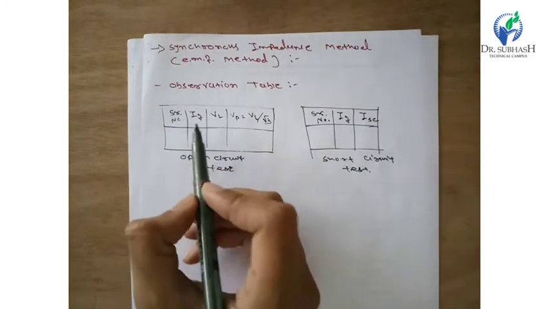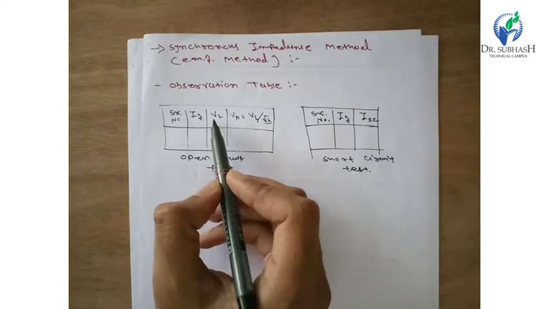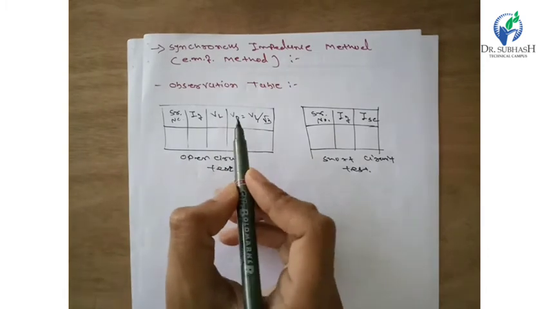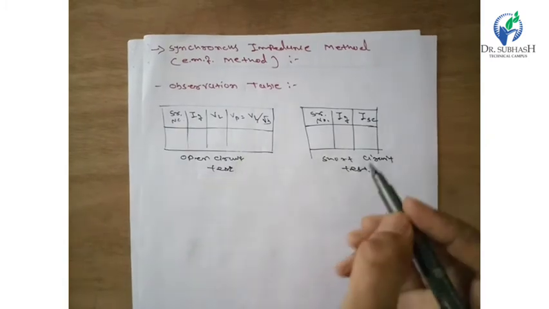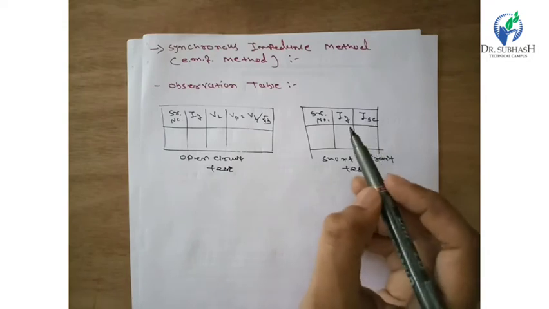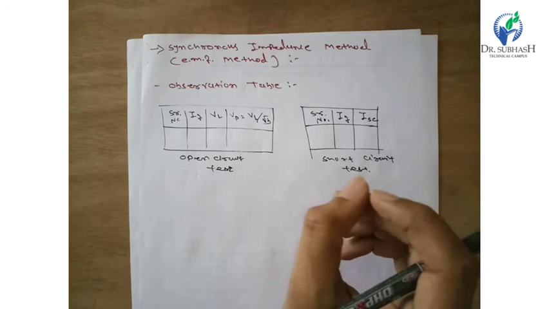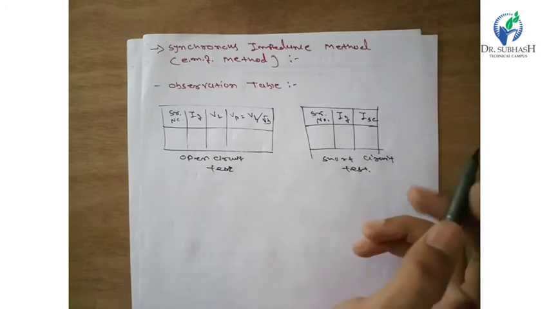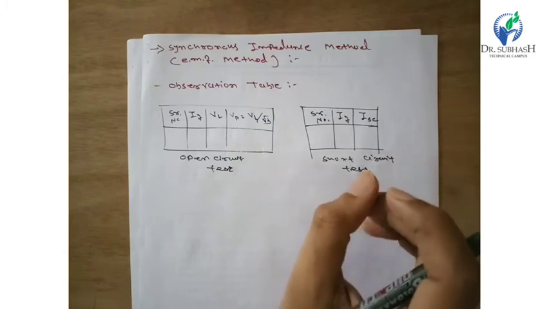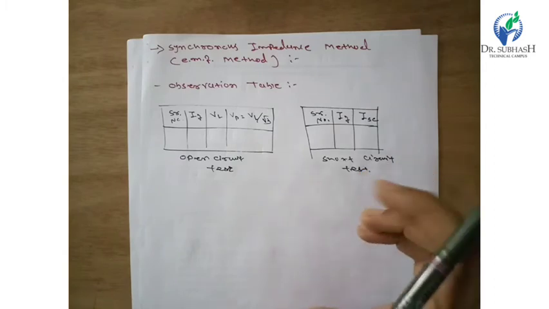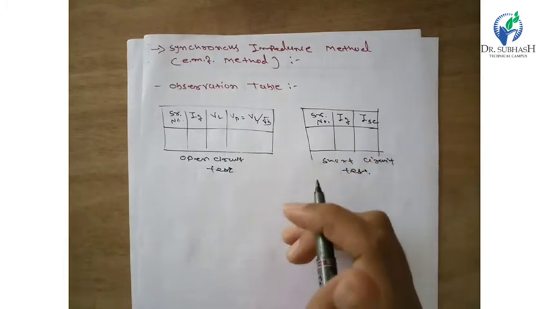We should measure the value of IF, then the voltage V, load and total power of the given circuit. In the short circuit test, we find the current value and the short circuit value. The armature resistance per phase can be found by the Wheatstone bridge method. The graph we also discuss in the next stage.